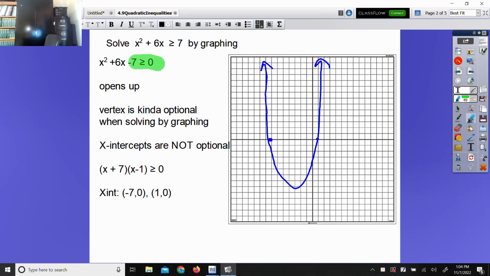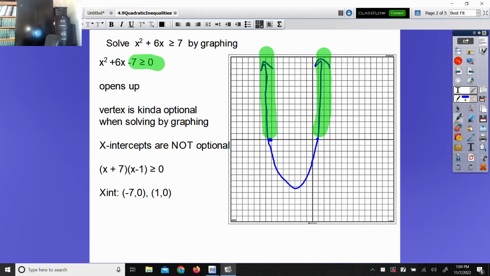Just like that last example I did, that's on that path and that path. Would the location of the vertex change those paths? Might change the direction a little bit, but who cares about that? Still going to be moving left, moving right. So we need to answer this. There's an x value, it's at negative 7.